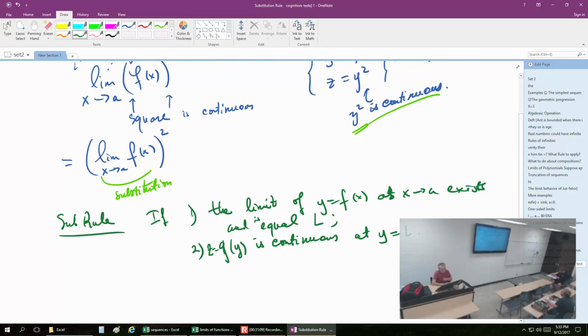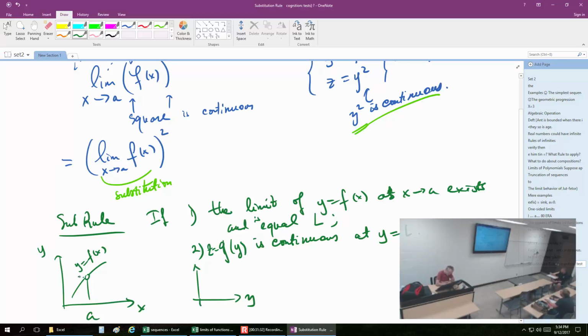So it's still possible that f is undefined at a, but the limit exists. Okay, so it might look like this. This is a, and this is y equal f of x, and this is y, and this is x. And then what happens is we are doing composition. So function g is now defined on y's.